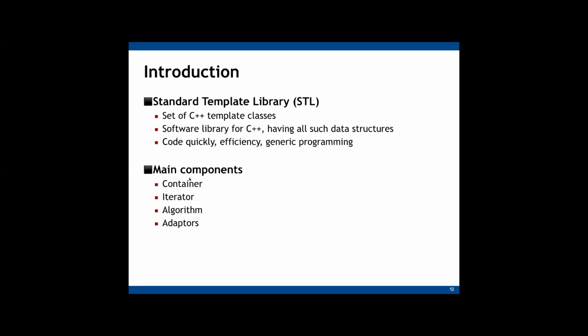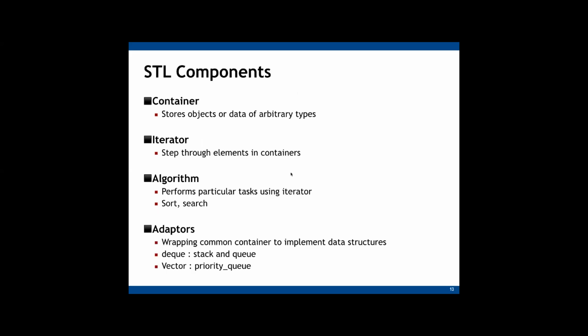There are mainly 4 components in STL: container, iterator, algorithms, and adapters. The container component stores a collection of objects or data, and iterator components are used to step through the elements stored in the container.